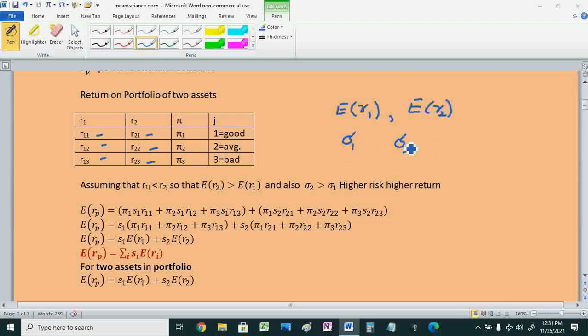Here we are going to assume the following. The first one is that R1j is less than R2j. That is, in every situation, good, average or bad, the corresponding entries of column 1 are less than the corresponding entries of column 2.